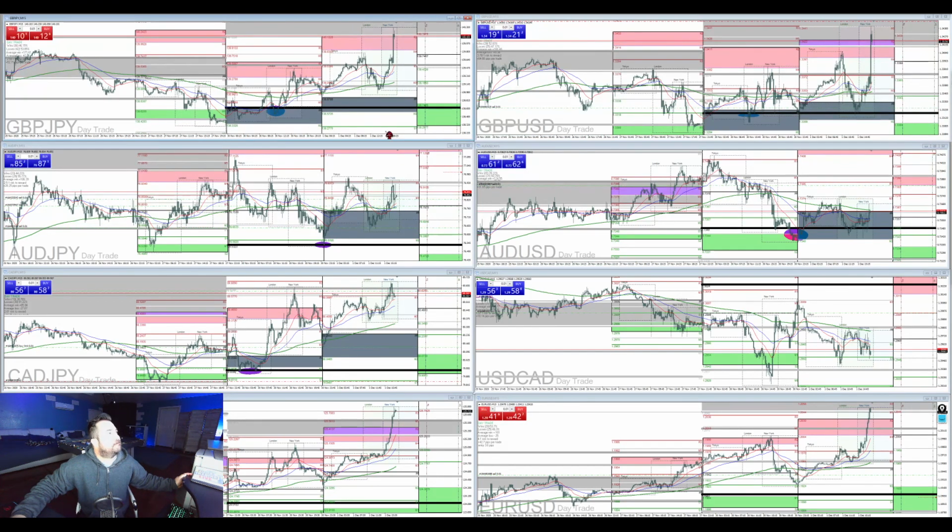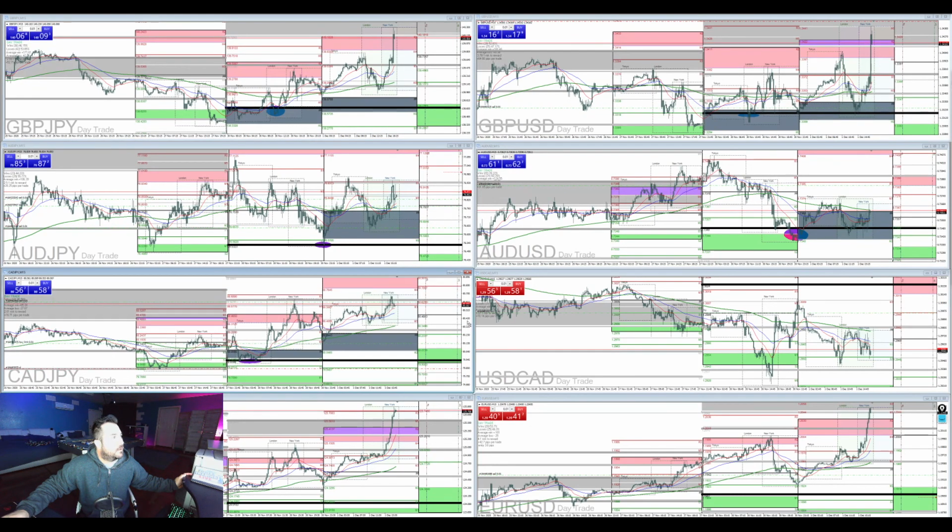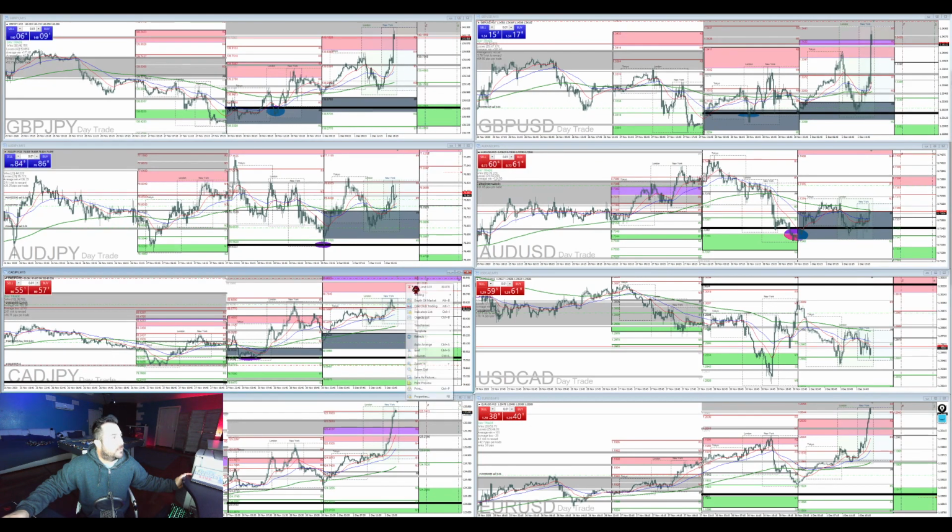Unfortunately, can't do it anymore after we reach the weekly take profit. Canadian, I'm going to have to set an alert just in case if we reach up here, we're done trading. It's running slow right now again.